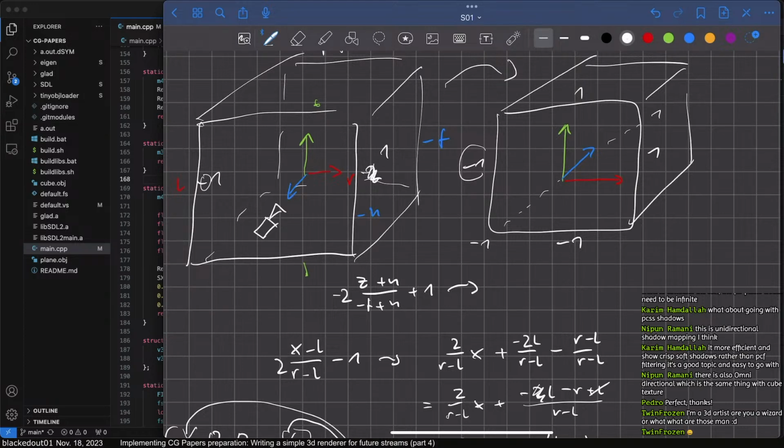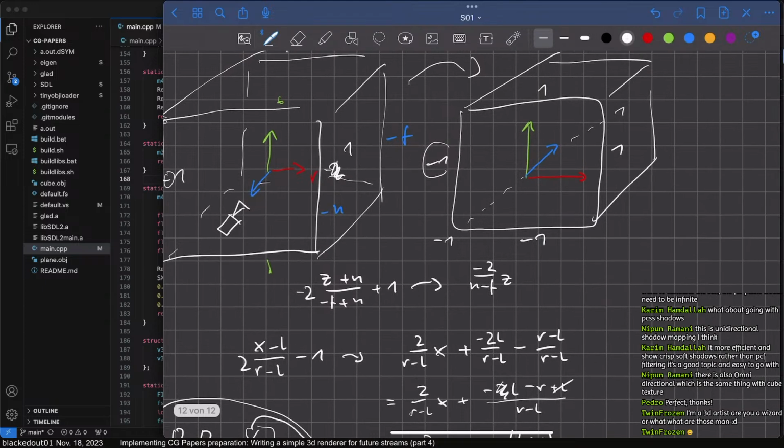So the scaling factor is -2 divided by n minus f. And then we have to look at this one, which is -2n over n minus f. And then we add n minus f.